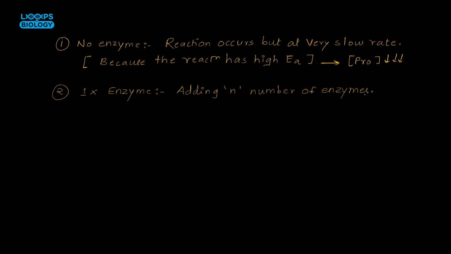So in this particular case, after adding enzyme, I know the reaction speed is going to get higher because of lower activation energy. Activation energy is reduced as the enzyme is added.